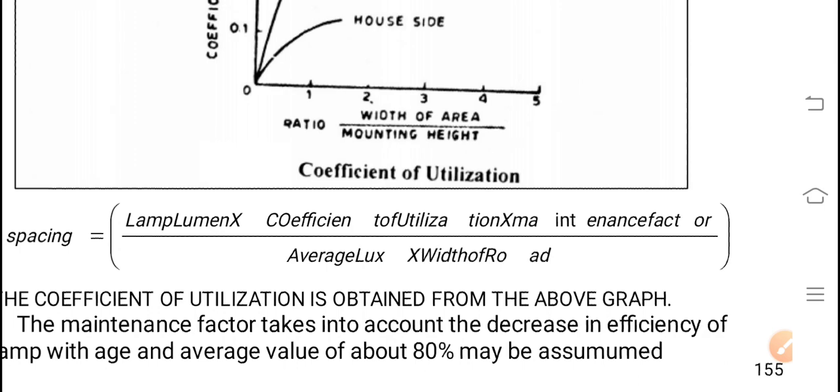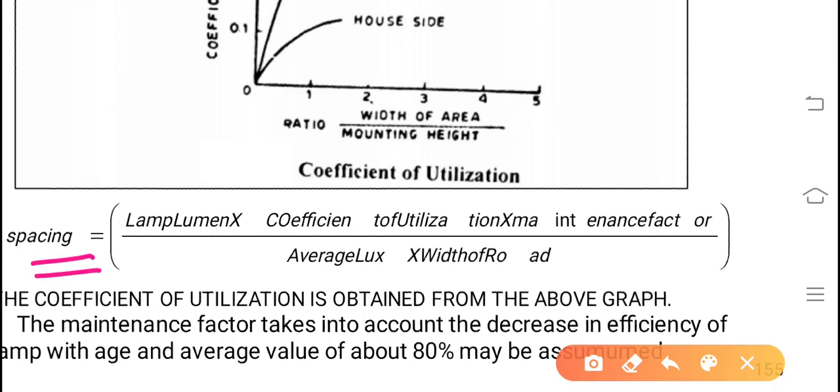Once again, I will let you know: the spacing between two electrical poles can be calculated as the ratio of the product of lamp lumen, coefficient of utilization and maintenance factor, divided by average lux multiplied by width of road.